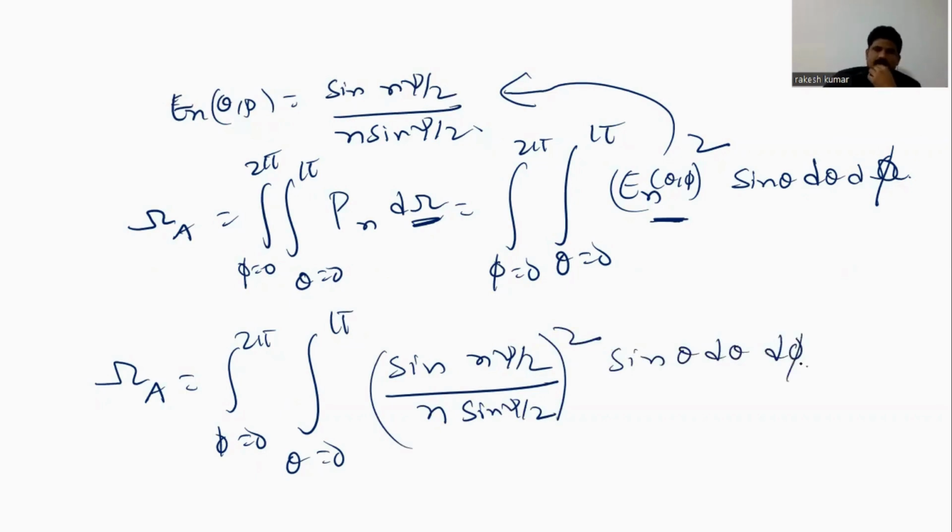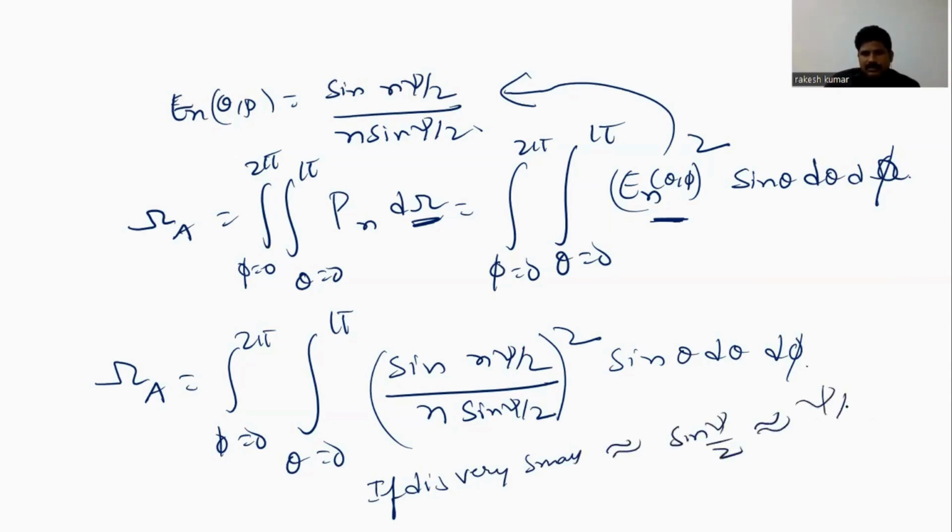Okay, so here if psi is very small, then sin psi by 2 can be considered as psi by 2. So in the place of sin psi by 2, I can replace with psi by 2.